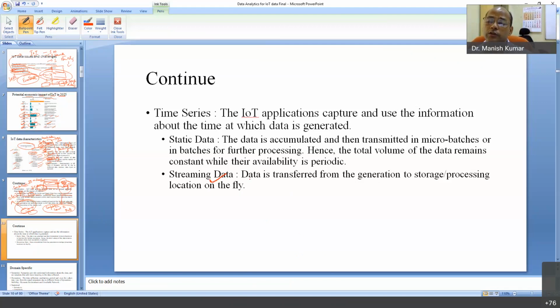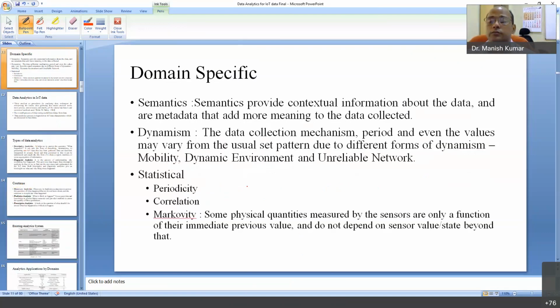For streaming data, you know that data is transferred from the generation location to the storage or processing location on the fly. Then we have other characteristics such as semantics, dynamism, and statistical inference. Semantics provides some contextual information about the data.